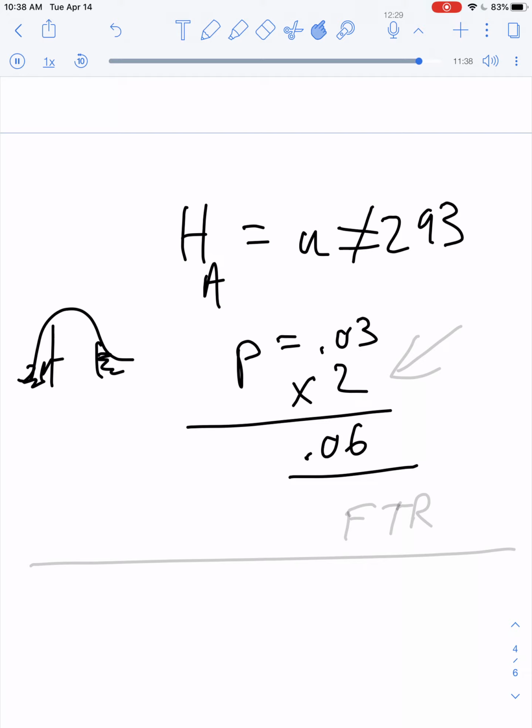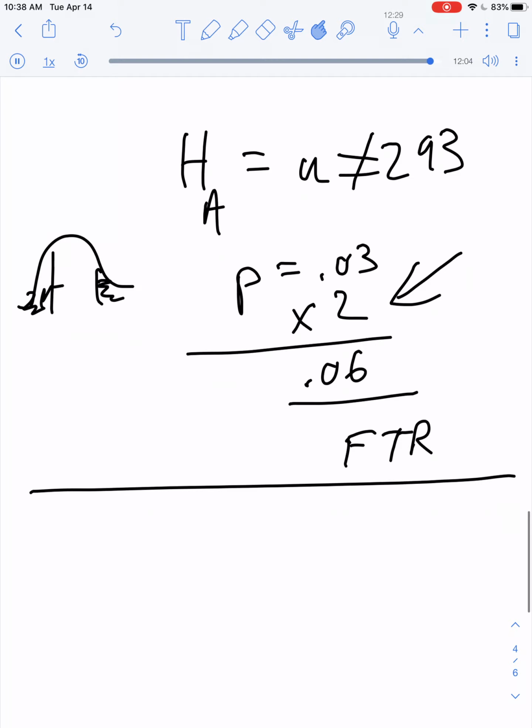Then with an alpha level of 5%, I would fail to reject, FTR, fail to reject the null because it's above 5%. This is a one-tailed test I did, though, because I knew it was 298. I suspect the Big 12 players are bigger. But the claim was I just think it's different. You'd have to do a two-tailed test, and you take your data and then multiply your p-value by 2 to make your claim. Okay.